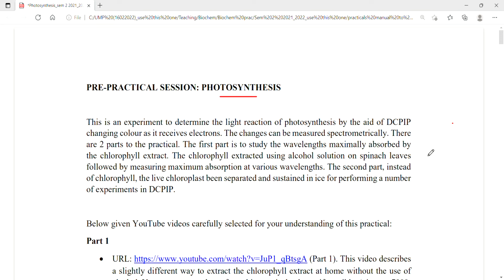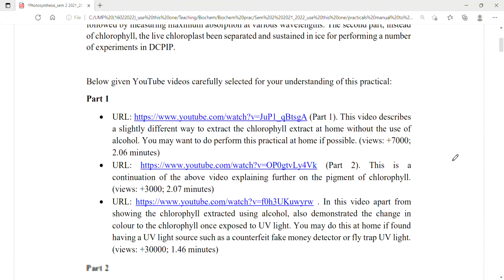So consider I have already given an overview of this photosynthesis practical. Let's move on to how we are going to perform the experiments.